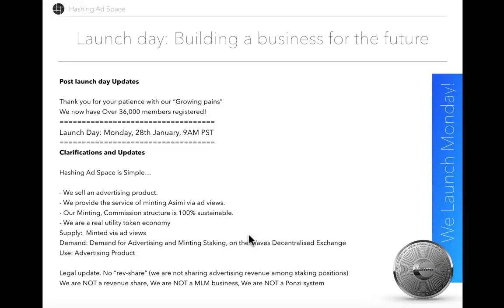Mining or minting of cryptocurrencies is sustainable because it is a reward-based system for some form of effort or some form of act that helps the token economy, and it is a pre-constructed schedule that runs over the years to come, okay? You only have to look at other token economies that are mining or minting, and you can see how that works, and that is what Asimi is, and that is what Hashin ad space is. So I just wanted to cover that again.